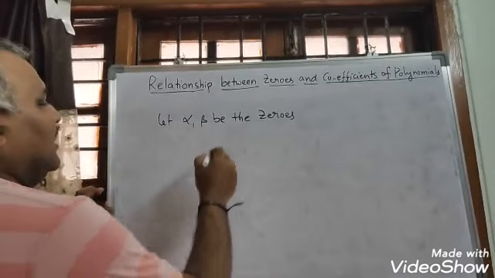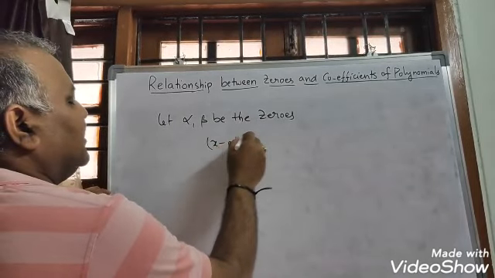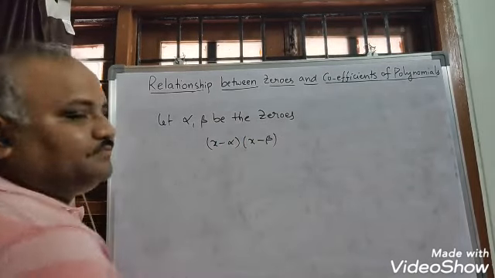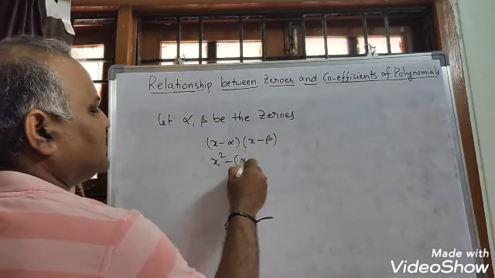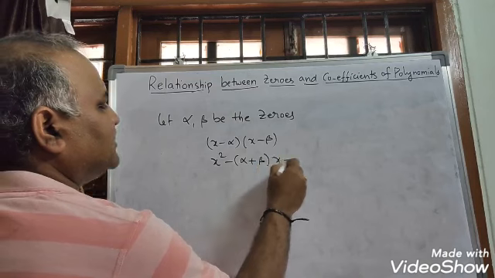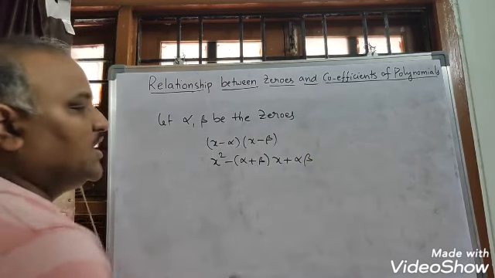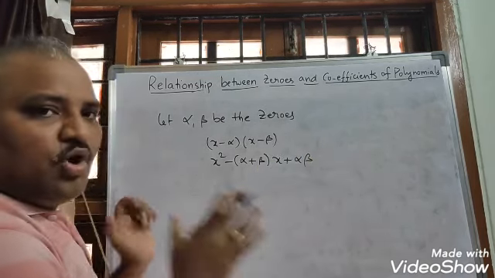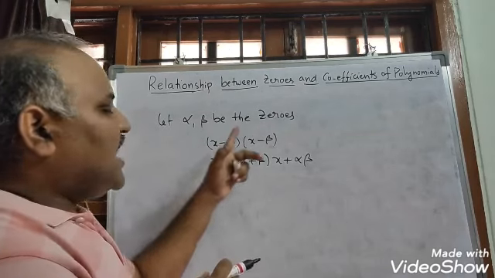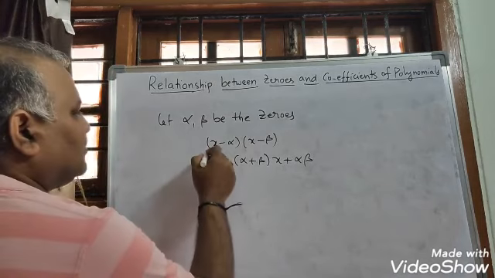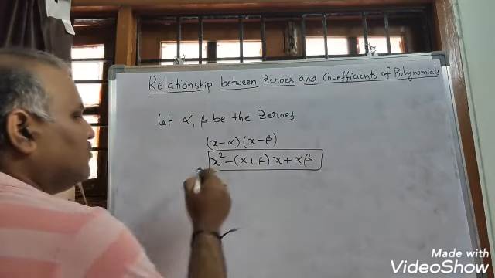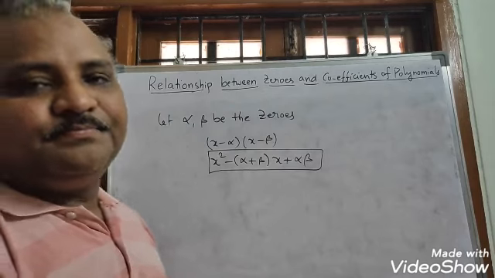Then if we take x minus alpha into x minus beta, and if we multiply, we already got previously x square minus alpha plus beta into x plus alpha beta. This is the polynomial when alpha and beta are given as the zeros. So this is the formula to find a polynomial when zeros are given.